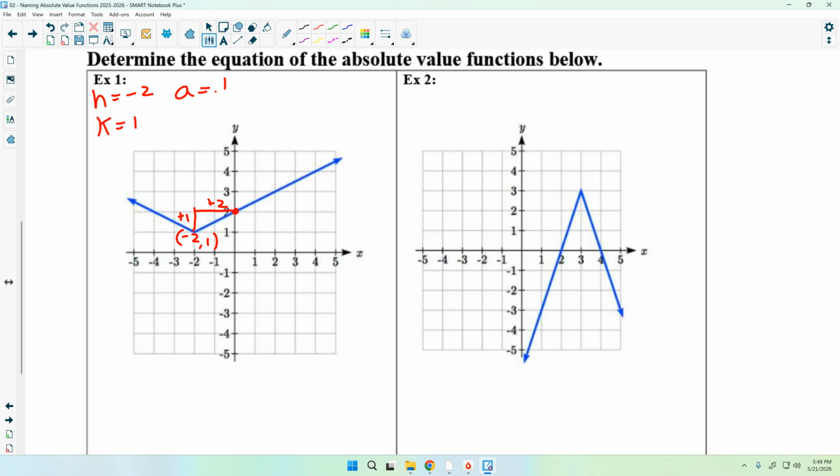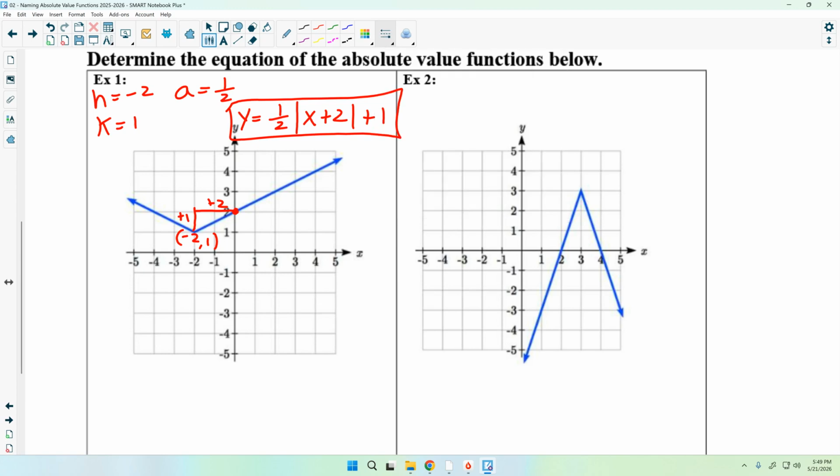So a is positive 1/2. From here, we're just going to substitute into our general form of an absolute value equation. So y equals 1/2 times the absolute value of x minus negative 2, so plus 2, plus 1. So there's our equation.